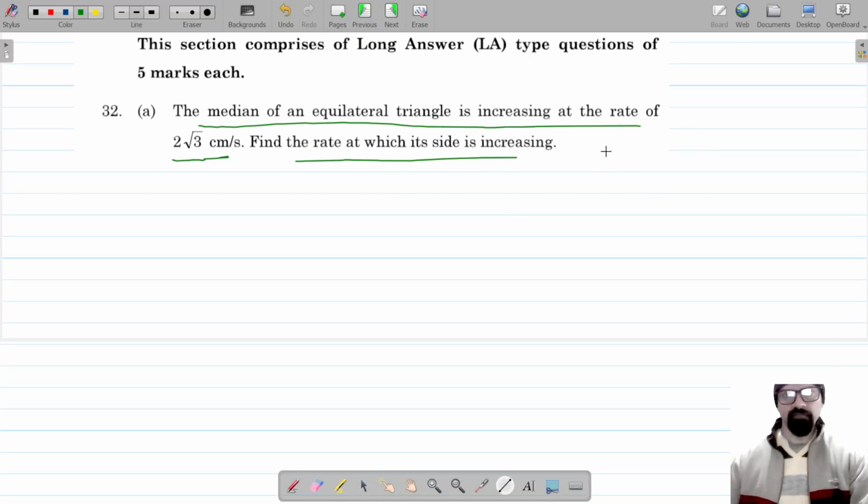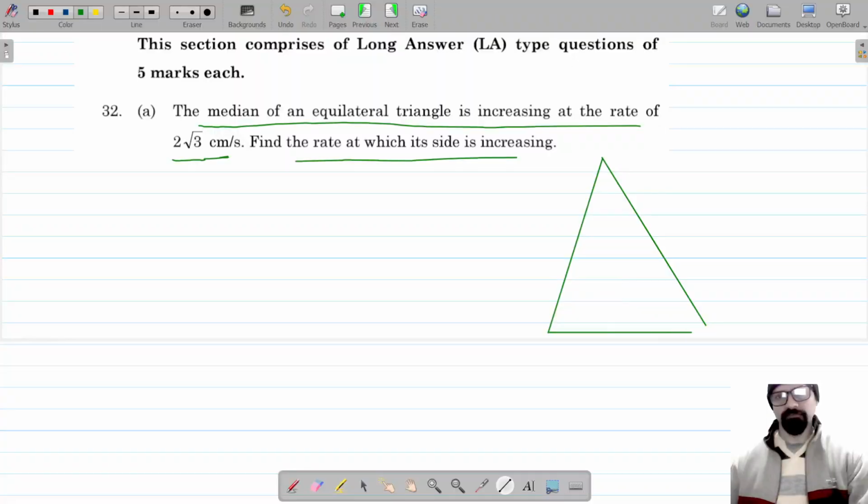So let this be an equilateral triangle and x be its side. Now we know that the median in an equilateral triangle is also the same as the altitude.